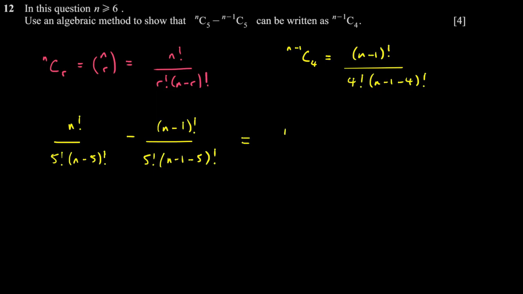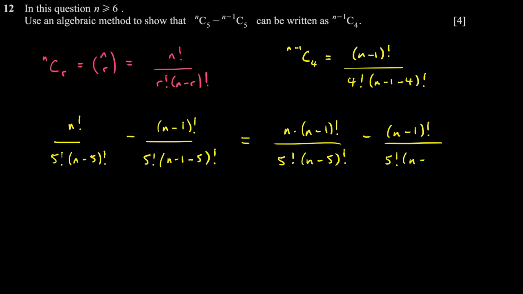So I've got n times n minus 1 factorial over 5 factorial times n minus 5 factorial, minus n minus 1 factorial over 5 factorial, and I've got n minus 1 minus 5, which is n minus 6 factorial. So I've got n minus 6 factorial.